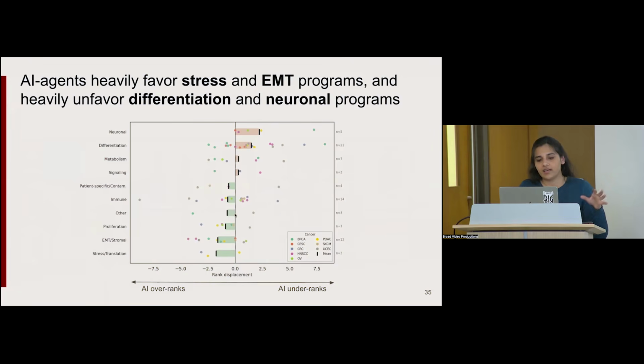We find that if you go more left, the agent is over ranking, and if you go more right, the agent is under ranking that program. So for example, for the stress or translation or the EMT or stroma program, the agent is often ranking it higher than it actually was in the ranking, because it thinks that these programs are more often associated with whatever task it was assigned.